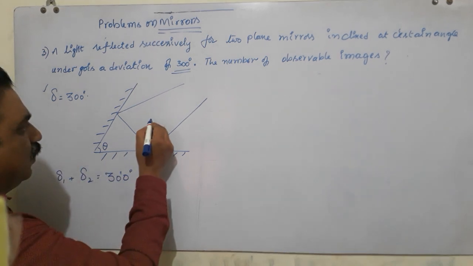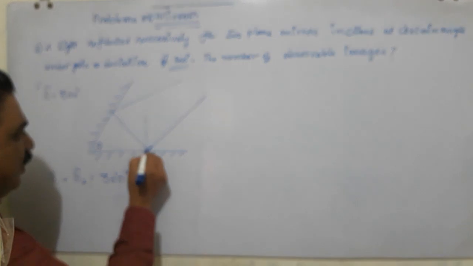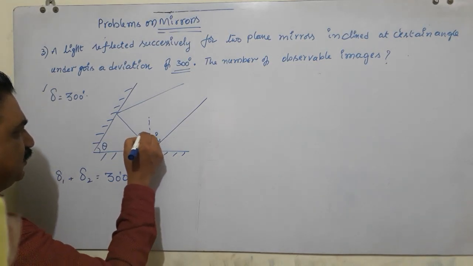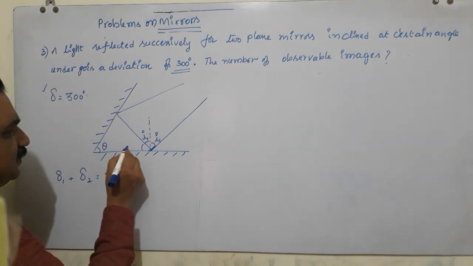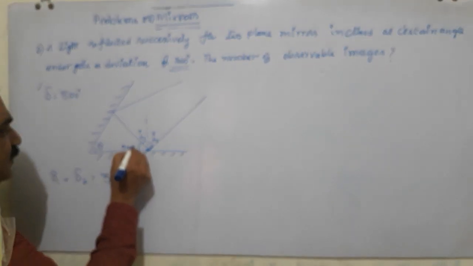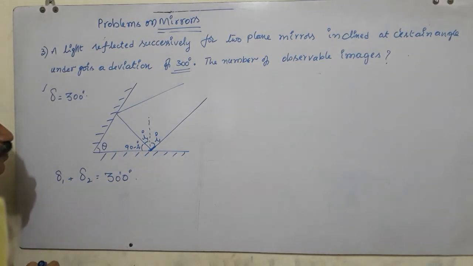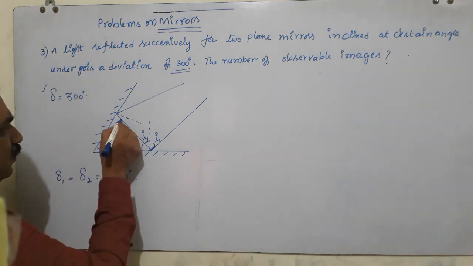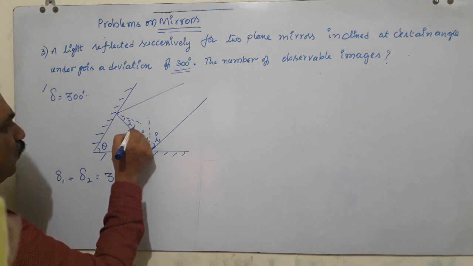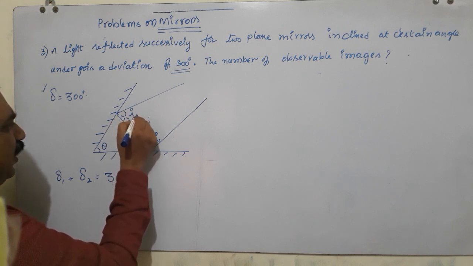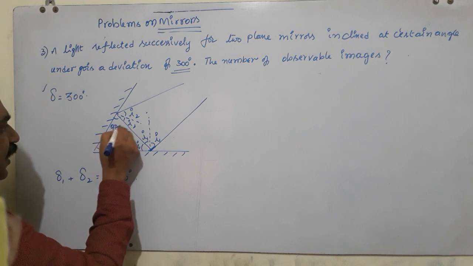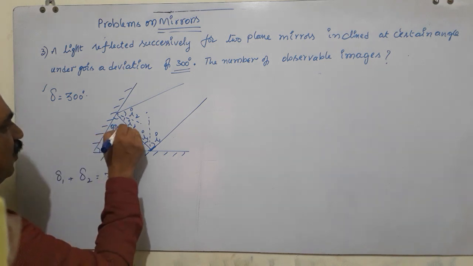See here, I am drawing a normal. Say this one is I1, this one is I1, and this is 90 minus I1. And here I am drawing a normal. Say this is I2 and this is also I2. Say this angle is 90 minus I2.